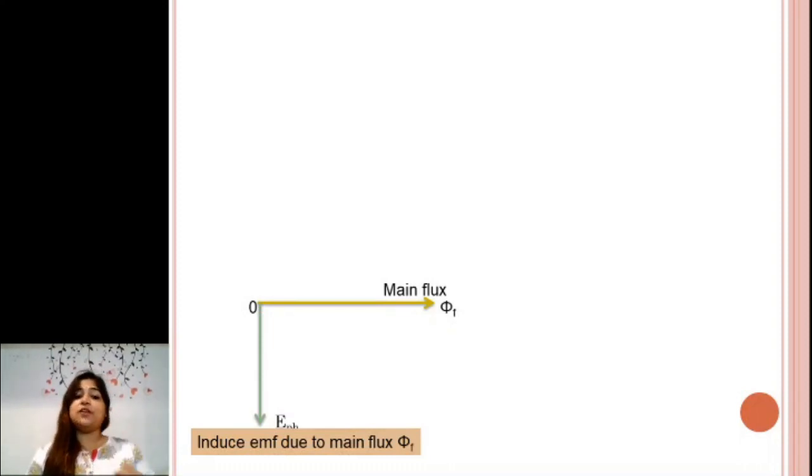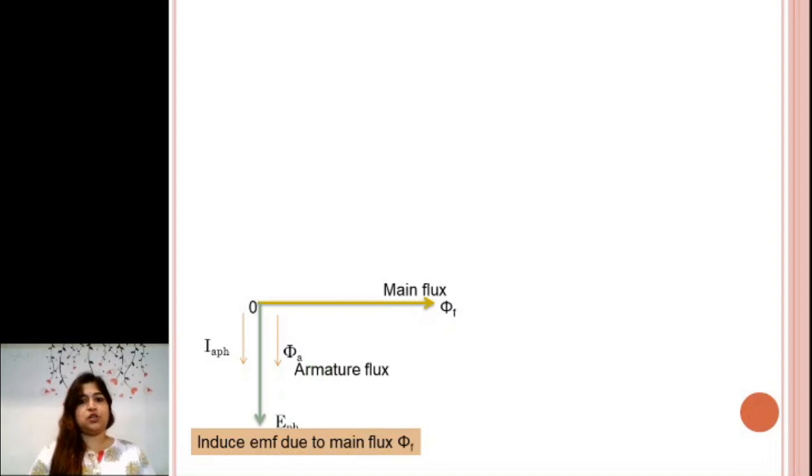Now, if the induced EMF is EPH, obviously the current which is flowing in the armature will be in phase with this EPH because this is a resistive load. So armature current will be in phase with voltage, right? Then, if armature current is flowing in this particular direction, the flux which is produced because of armature current, armature flux, will be in the same direction as the armature current.